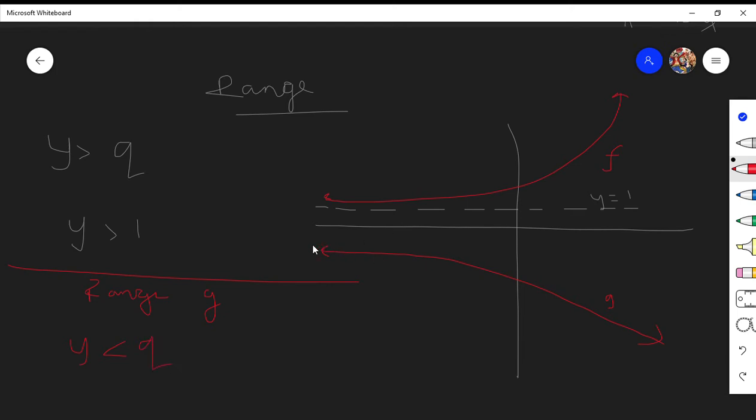And if q was equal to negative 1, our range would then be y less than negative 1. Okay, so I think that's enough recapping. Let's get straight into questions.